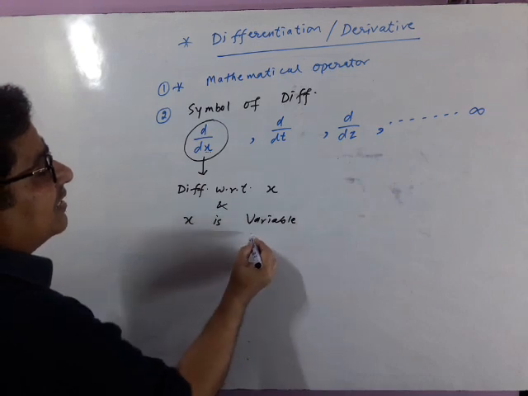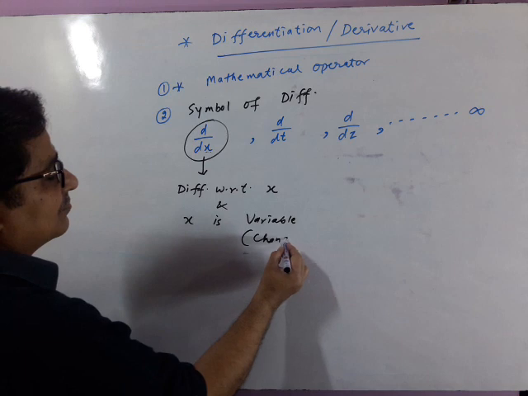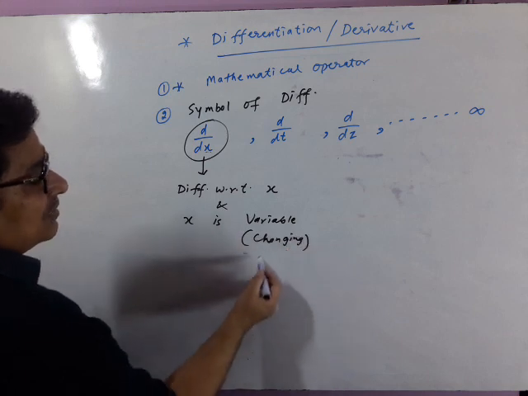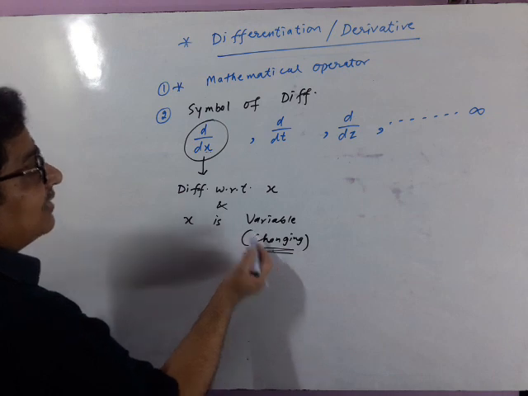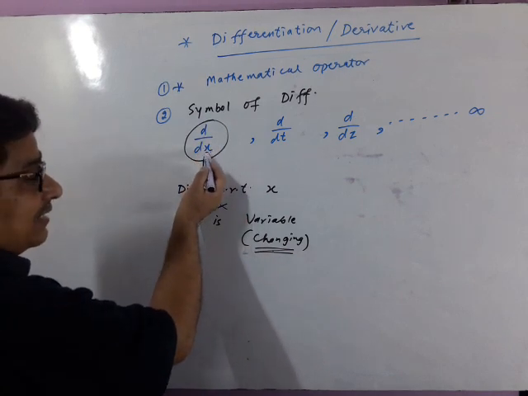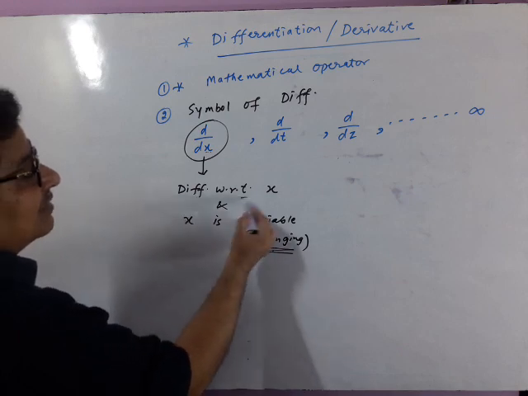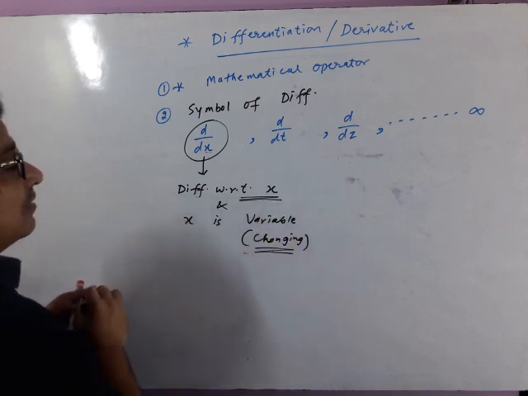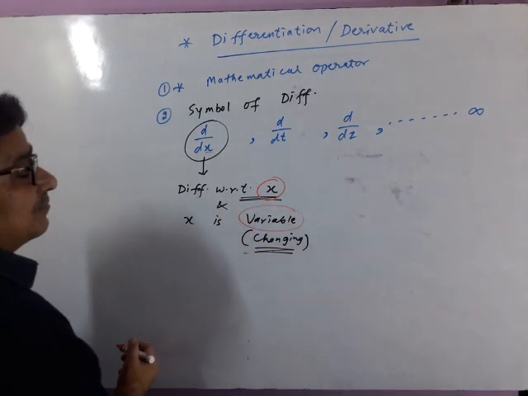Changing means it is a variable. Now this is very important. Something which is changing, we can differentiate with respect to that. Vice versa, if I say differentiation with respect to x, that means this must be a variable.